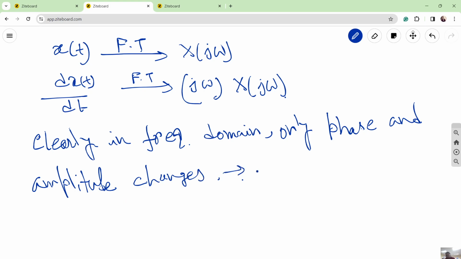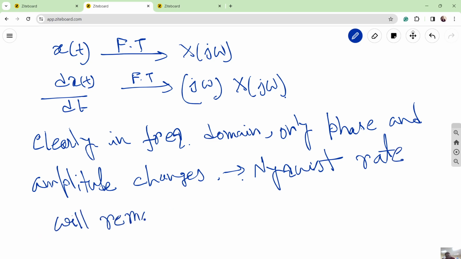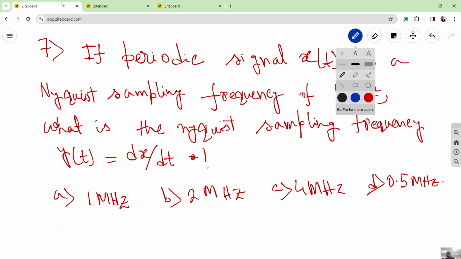So the Nyquist rate will remain the same. So it will remain 1 megahertz. Correct option is option A.